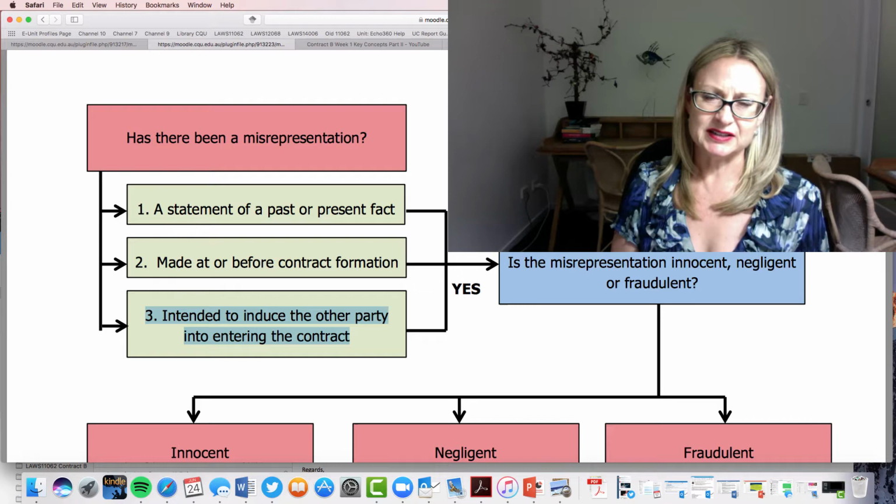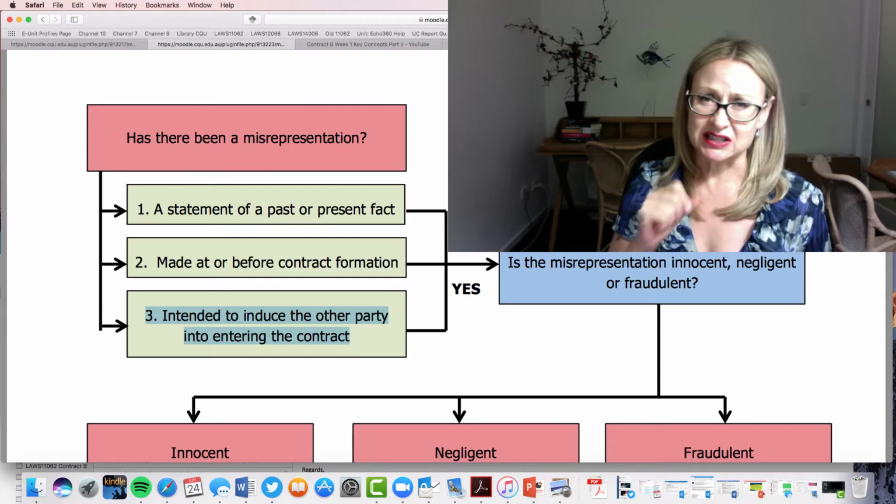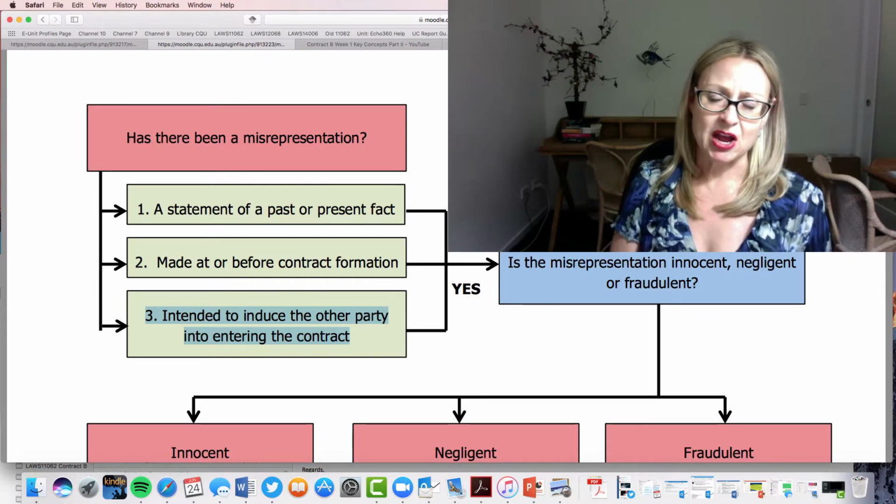So yes, there's been the right kind of misrepresentation, it's been made at the right time, but was the misrepresentation relied on as one of the material factors that made the other party, made that representee sign their life away?